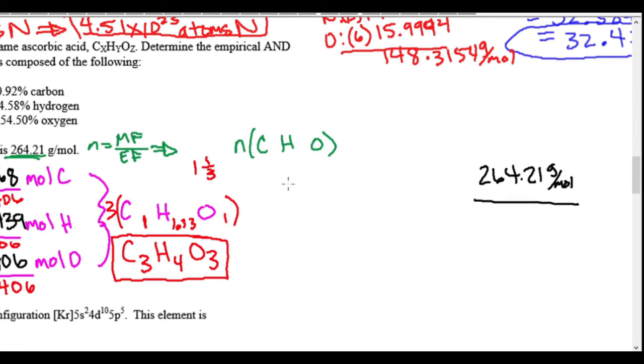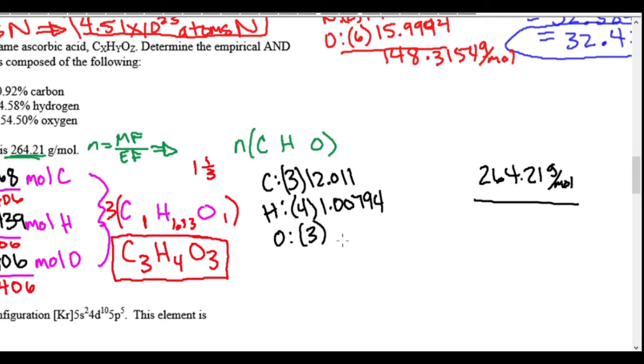And then we need to do 3 times 12.011 plus 4 times 1.00794, and so on. You'll notice you'll have a lot of these memorized, especially these three, if not by this exam, definitely by the end of the semester. When you add all of this up, you should get about this number.